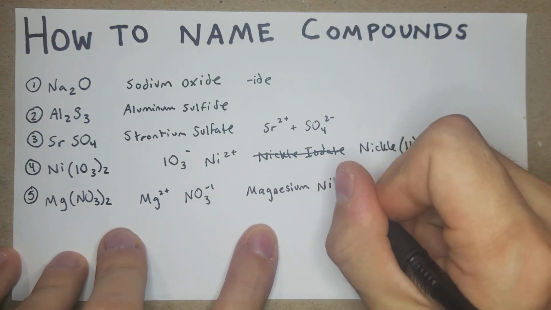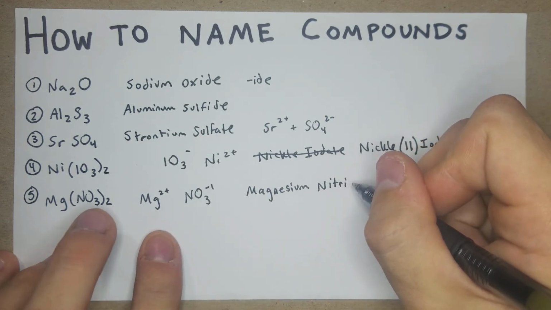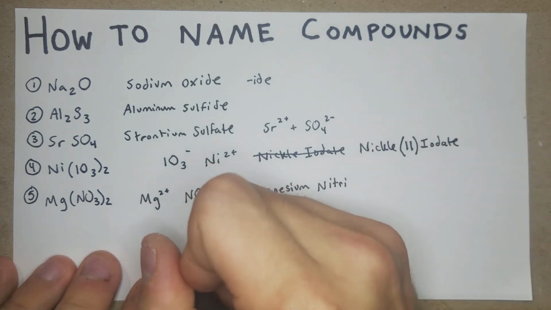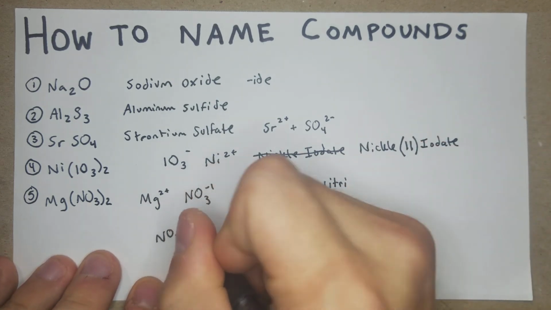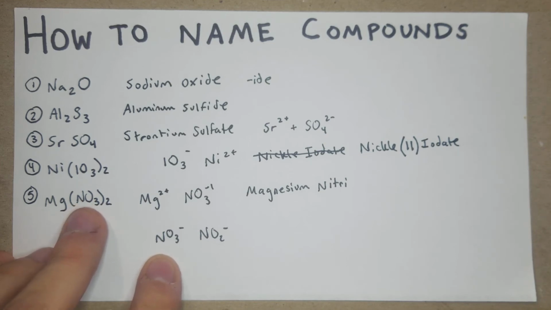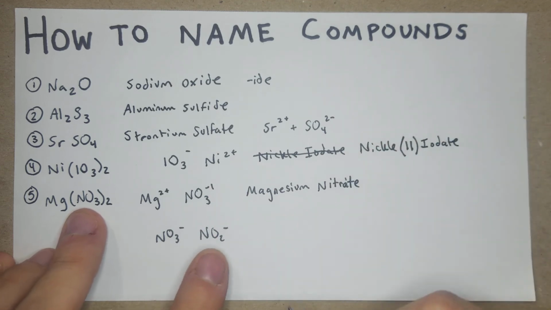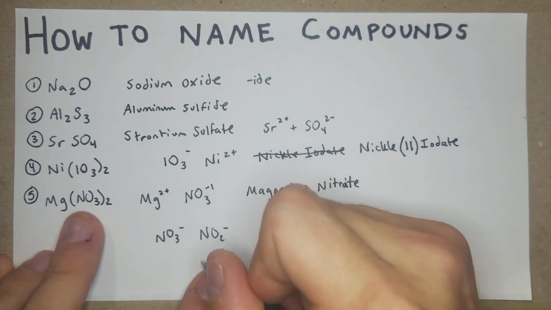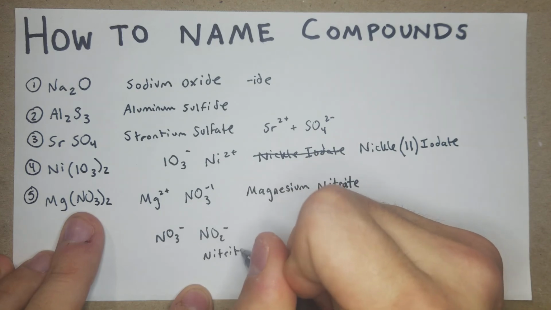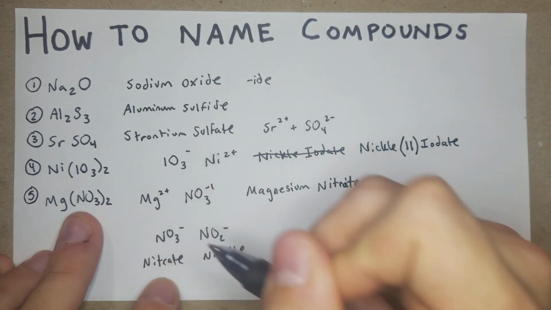But that's obviously not always going to be the case. So in this case, some common ones are NO3- and NO2-. There's different tricks to try and remember the names, but in this problem it's the NO3-, which is nitrate, and then nitrite with an I is the single one.